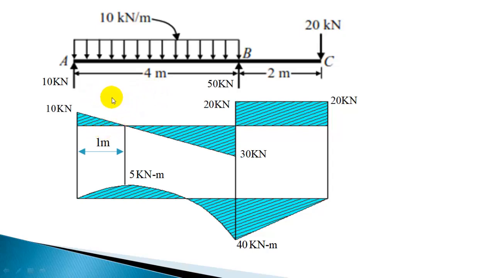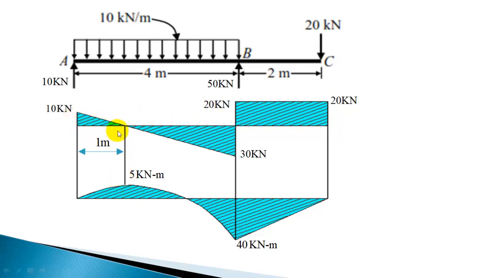So 1 part is 1 meter, 3 parts is 3 meter. Here it is 1 part, and here it is 3 parts, that is 3 meter. So it divides the distance in the proportion 1 meter and 3 meter.